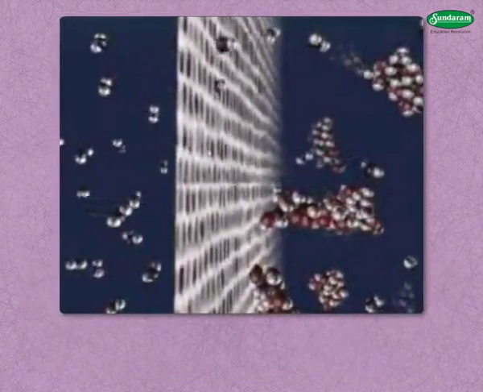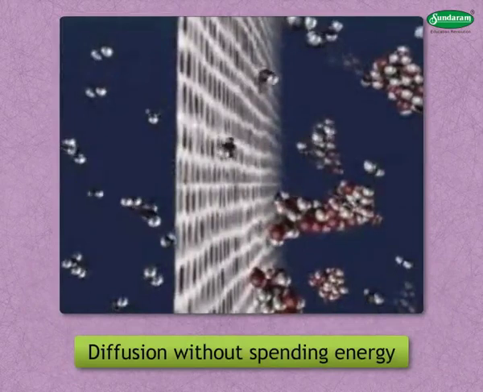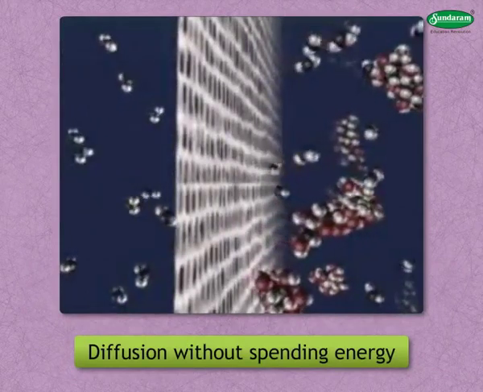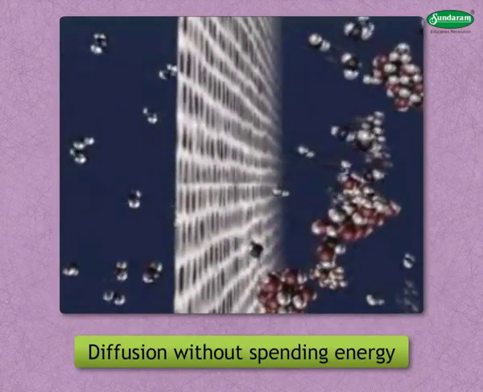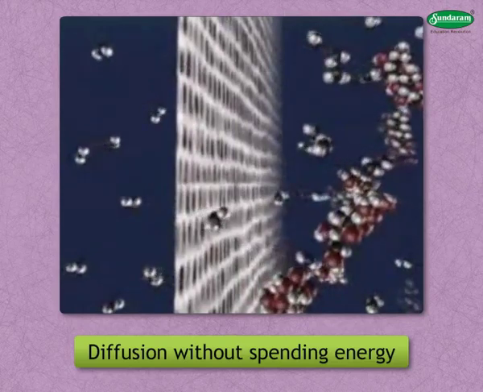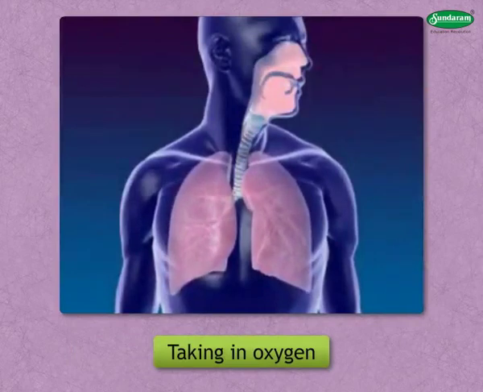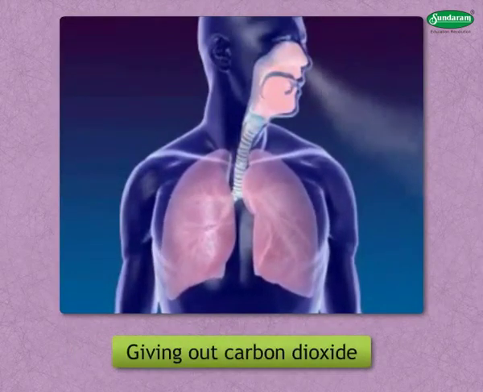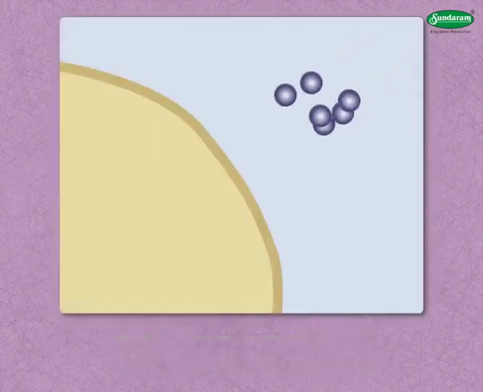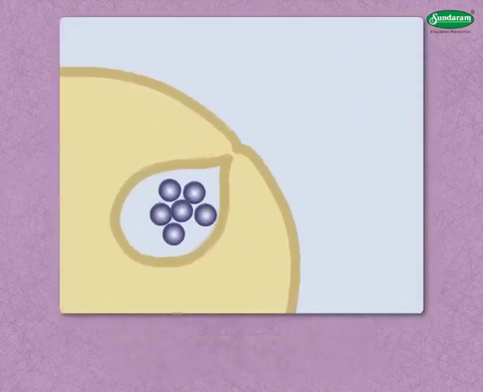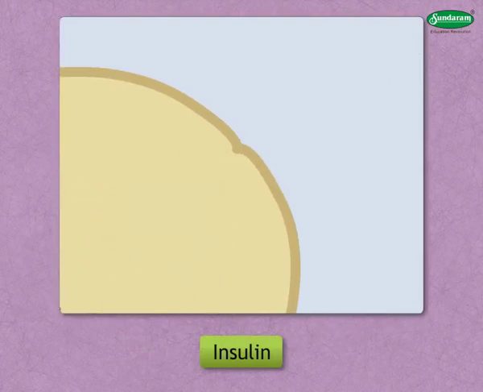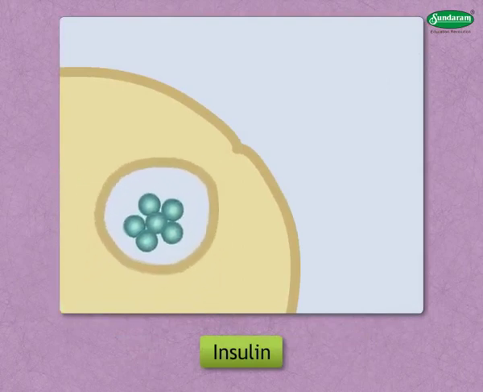Along with osmosis, diffusion also plays a role in exchange of material in and out of the cell without spending energy. For example, taking in oxygen from the air in the body and giving out carbon dioxide. In addition to this, transport of some other molecules like insulin also takes place in and out of the cell.